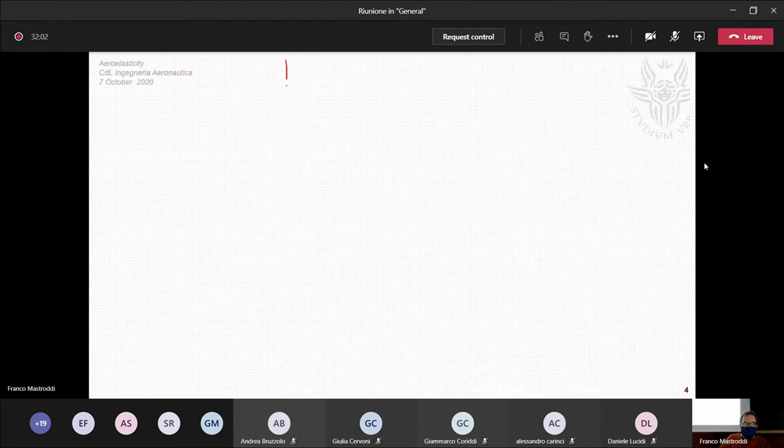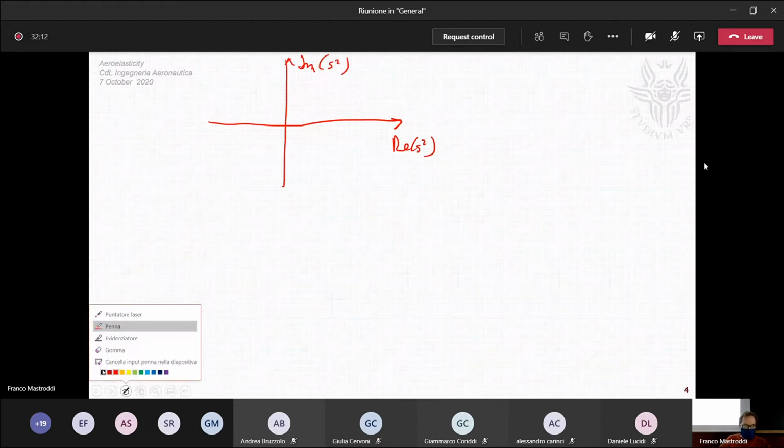We have in the s square plane the following. We have the real part of s square, the imaginary part of s square, something like this.